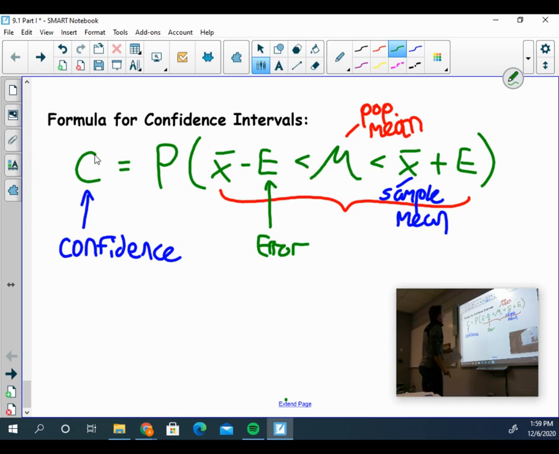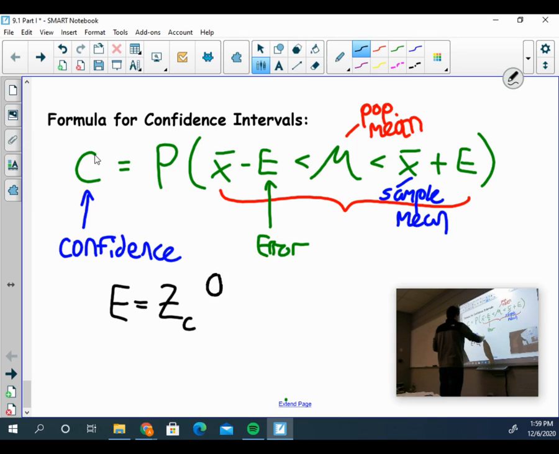The question, obviously, that's popping in your brain is, how do we find E? How do we find the error? Well, error is going to be Z of C times sigma over the square root of our sample size.